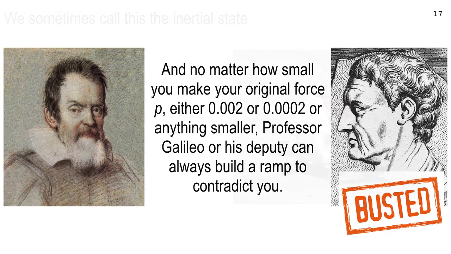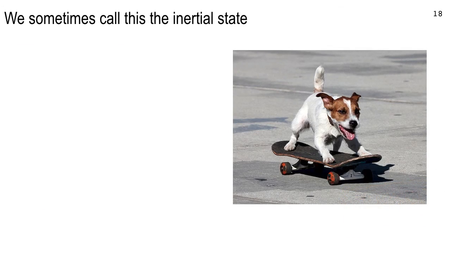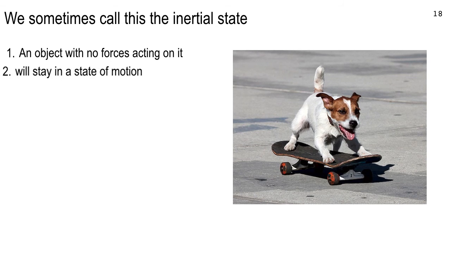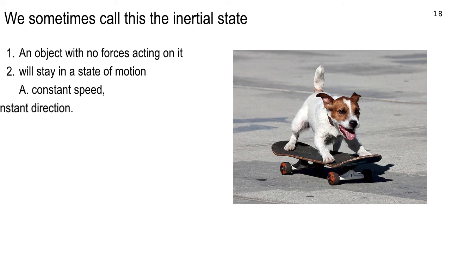You don't need anything. And sometimes we call this the inertial state or inertial motion. So let's put it into more modern terms now. An object with no forces acting on it will stay in a state of motion at constant speed, in a constant direction.